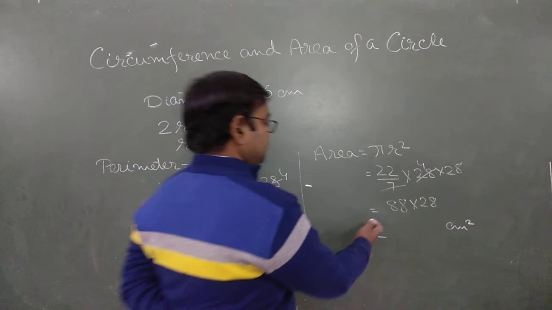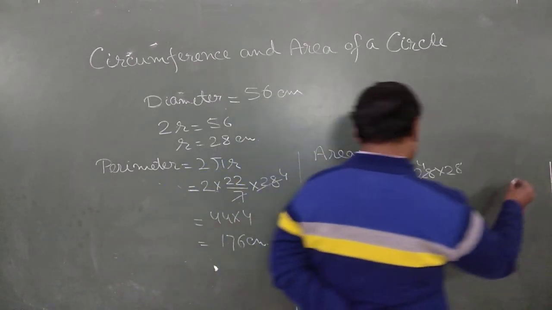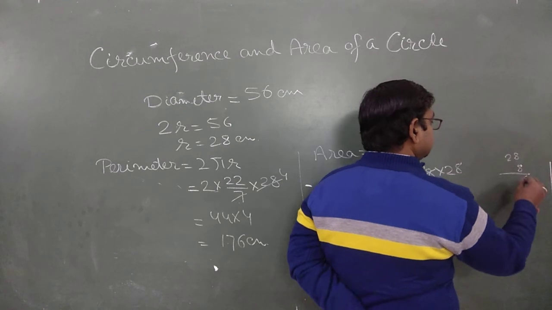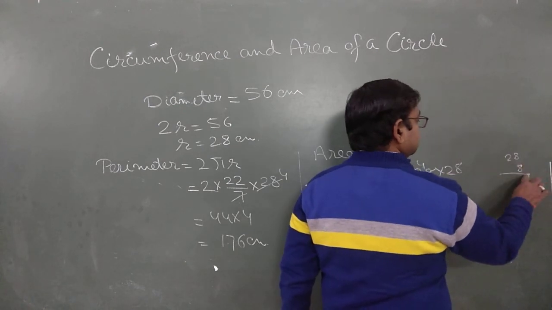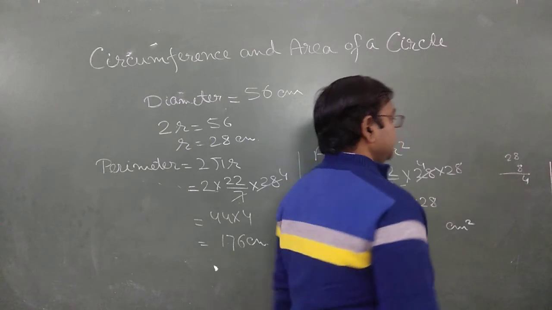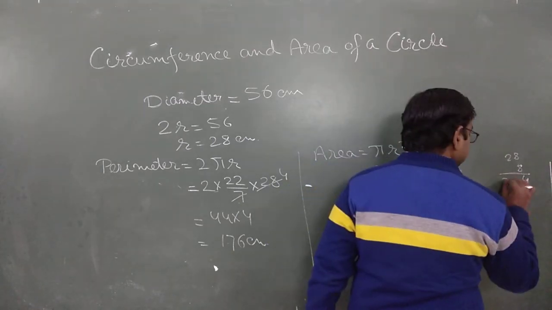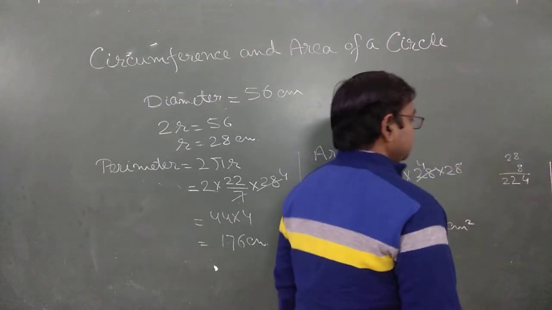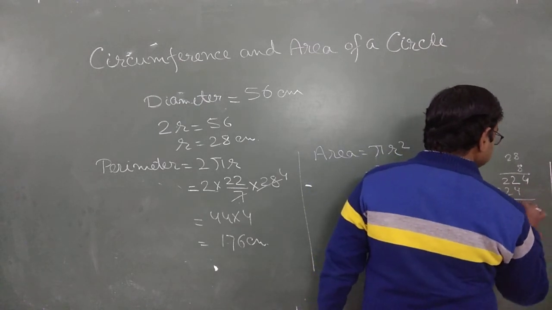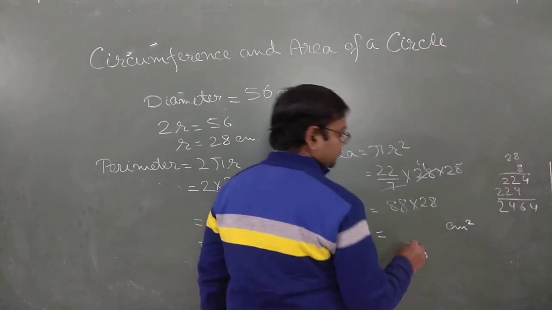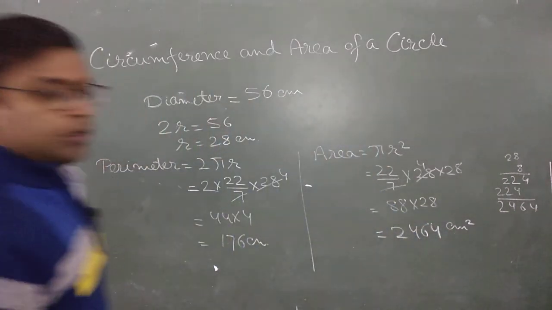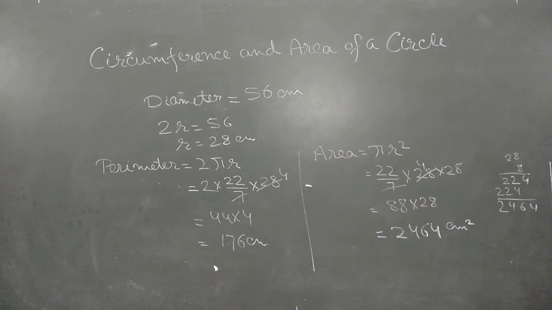So let's multiply roughly on this side. 28 times 88. 8 8s are 64, 6 carry, 8 2s are 16, 16 plus 6 is 22. Similarly, we have one more 22, and the answer is 2464 centimeter square.